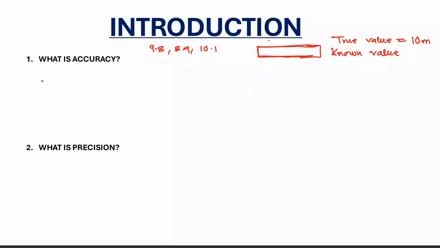So what is accuracy? Accuracy is how close repeated measurements are to the true value.